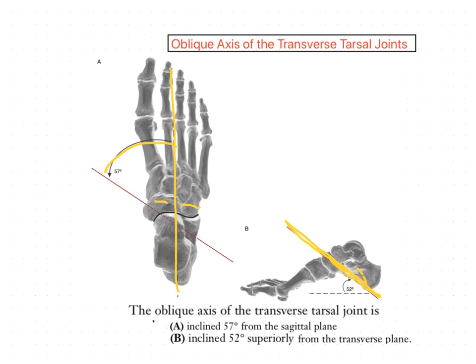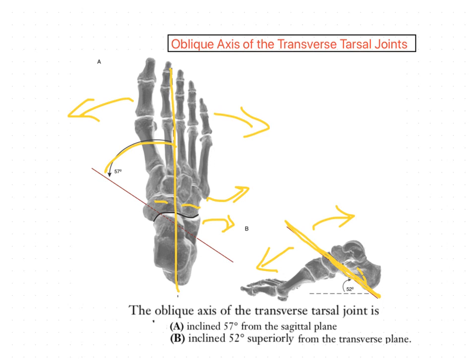So by seeing the axis itself, we can say that abduction and adduction movements, as well as dorsiflexion and plantar flexion, are going to predominate over inversion and eversion. Motions about the longitudinal and oblique axes are difficult to separate and to quantify.